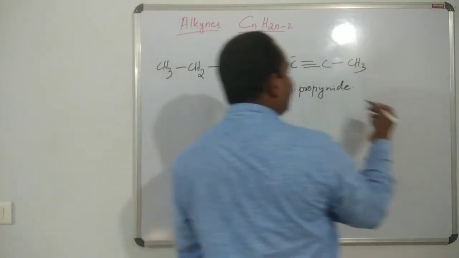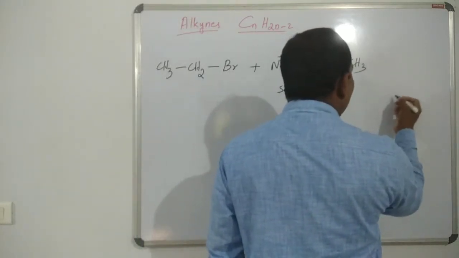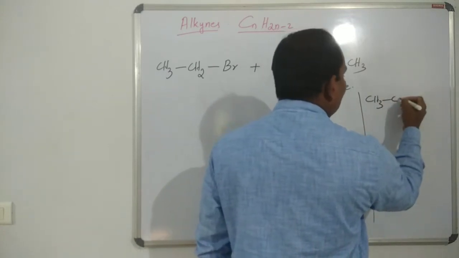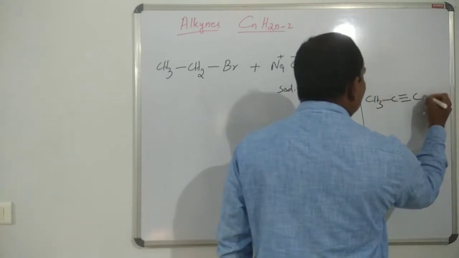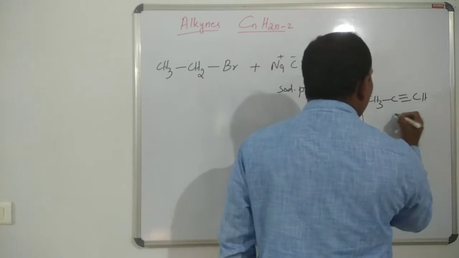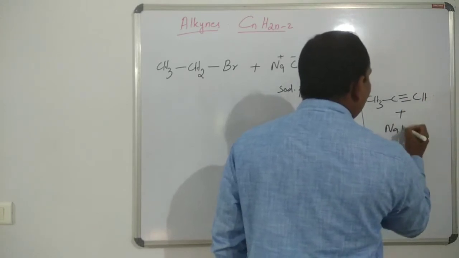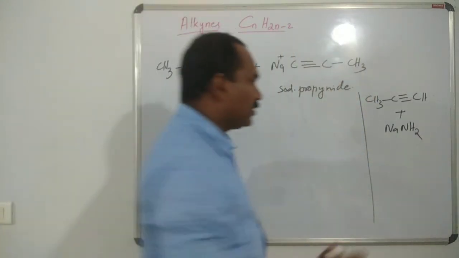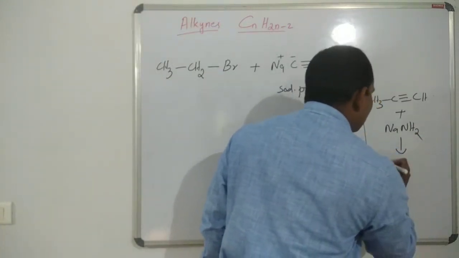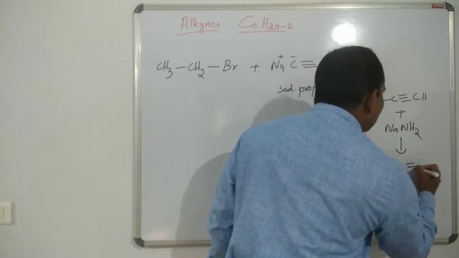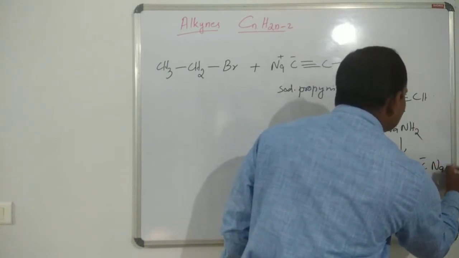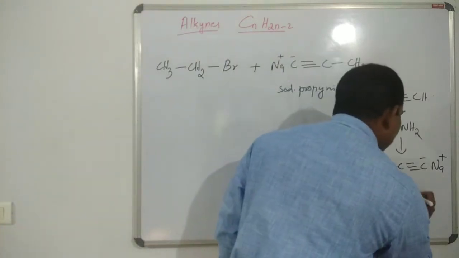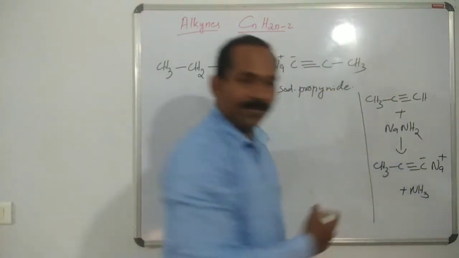And how it is prepared, I just write here: CH3 C triple bond CH plus sodium amide. We get CH3 C triple bond C minus Na plus, sodium propanide, plus NH3.